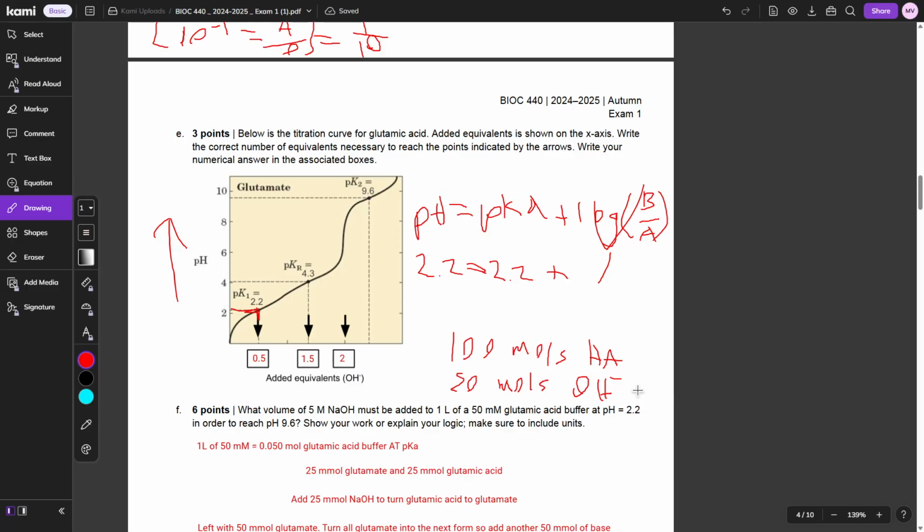So if I start with 100 moles of acid and I add some base, I will turn some of the acid into its conjugate base. That's what these curves show you. So if I add half an equivalent, or in this case 50 moles of OH minus, I will end up at the first pKa, because I've just turned 50% of my solution into the conjugate base when I started at 100% acid.